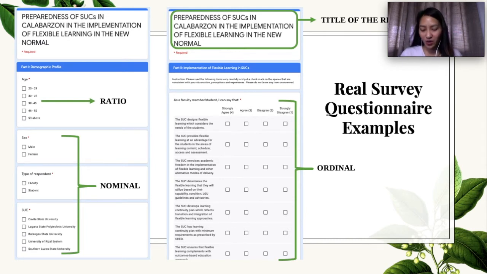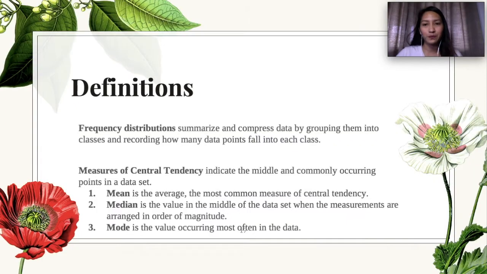Kapag hindi pwede magkaroon ng negative ang isang numerical value, ang tawag doon ay ratio. Other than that, ang tawag doon is interval kapag numerical data yung kinukuha mo. And this, the sex, type of respondent, as you see, are all nominal. While ito, na may scales, ang tawag dito is ordinal. So I hope that by now you understand the types of variables: nominal, ordinal, ratio, and interval.